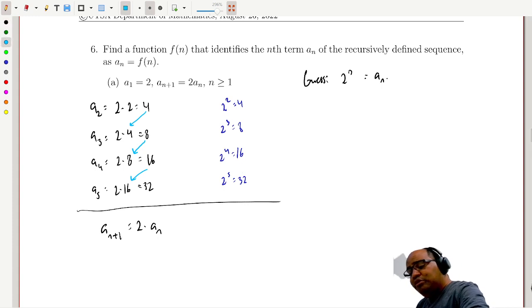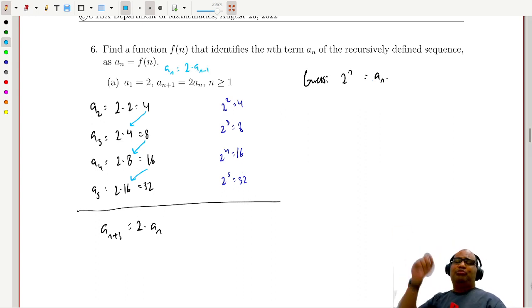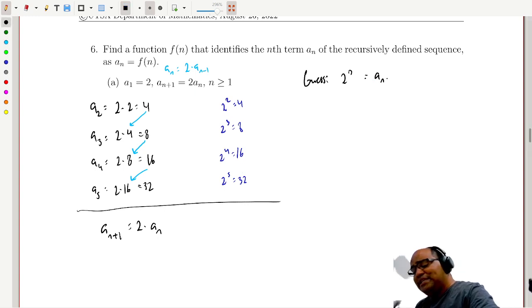I take this rule, and I know a_n is just 2 times a_{n-1}. The next term is 2 times the previous. So what I'm going to do is replace a_n here with 2 times a_{n-1}.